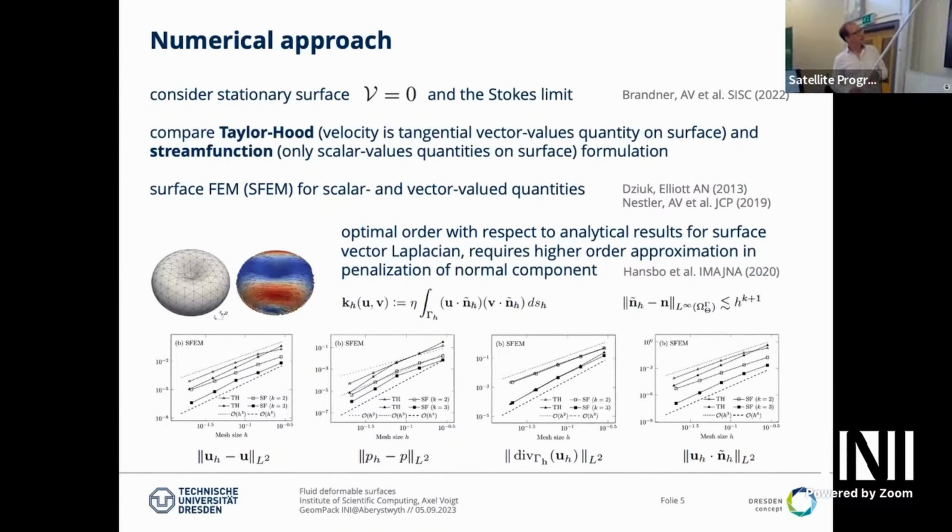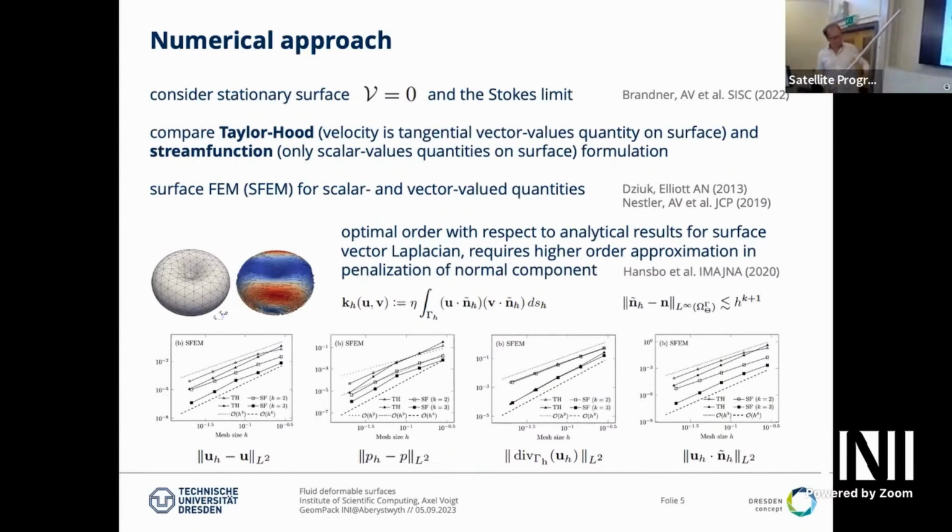And then the essential idea for the numerical approach is to say, even if my flow now is tangential, I still keep the three components of the embedding space and penalize everything which is normal. So this is essentially this term, which we add. All normal components to the velocity are penalized by some penalization.